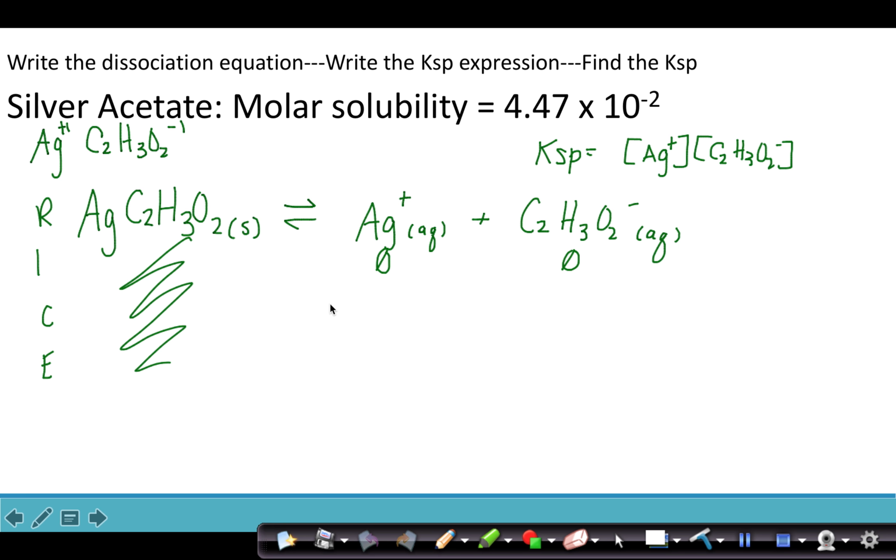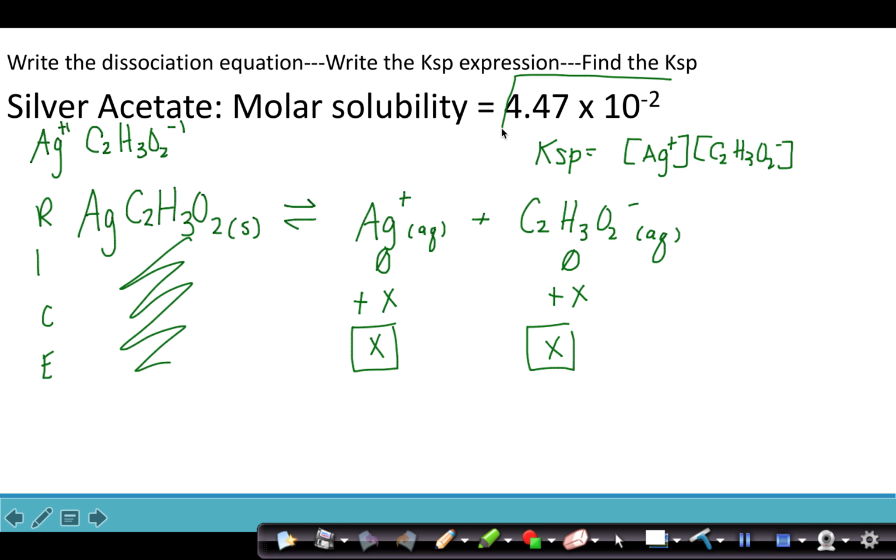That makes Q 0, which means we have to shift towards the products in order to reach equilibrium, which means that each of these will go up by coefficient x, which means as we read to the equilibrium, it's going to be 0 plus x, 0 plus x, and at equilibrium, each of these concentrations will equal x.